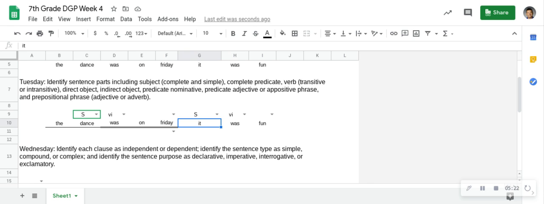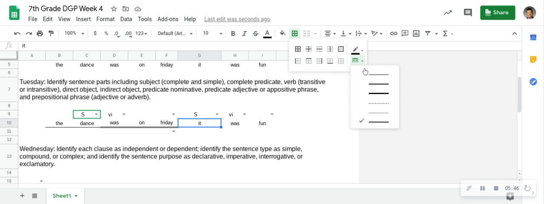Now keep in mind, Helena, that when you have a simple subject, it's anything that modifies it. The subject will never include a verb. So if it doesn't include a verb, what is our complete subject for our second part? Yeah, it's just it. So then you make sure it's single underline with your waffle here.